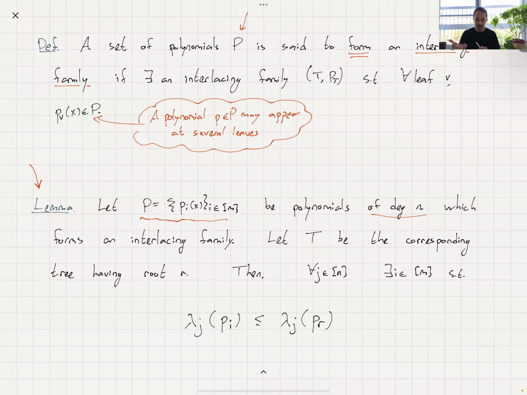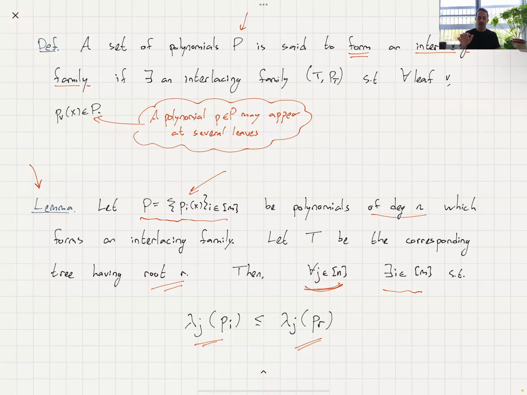And let T be a corresponding tree having root R. Then I'm claiming that for every j between 1 and n, where n is the degree of the polynomial, there exists some i in M, a polynomial in our family that we started with, such that the jth largest root of p_i is bounded from above by the jth largest root of the polynomial associated with the root of the tree.